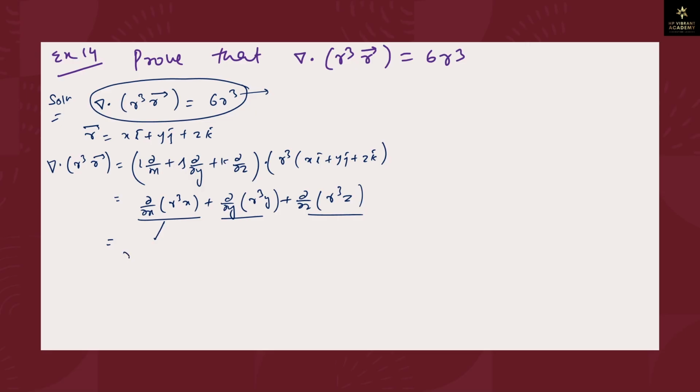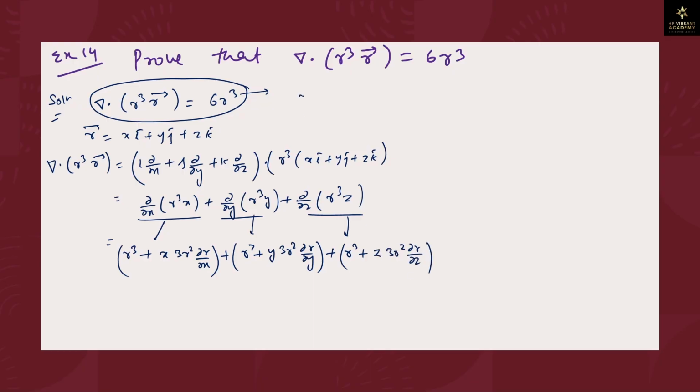This is r cube plus x times 3r square ∂r/∂x, plus r cube plus y times 3r square ∂r/∂y, plus r cube plus z times 3r square ∂r/∂z.